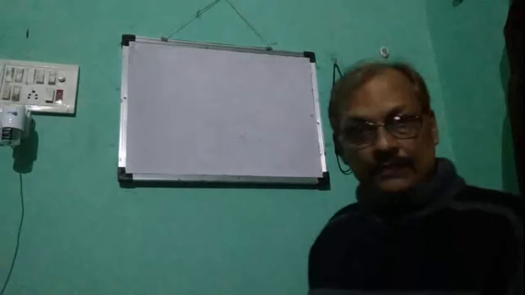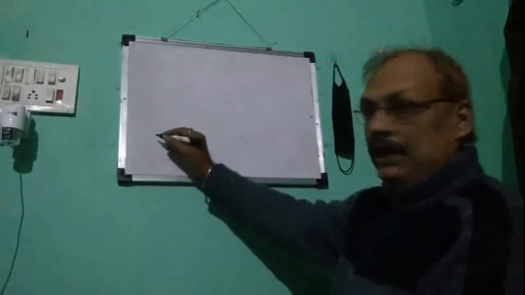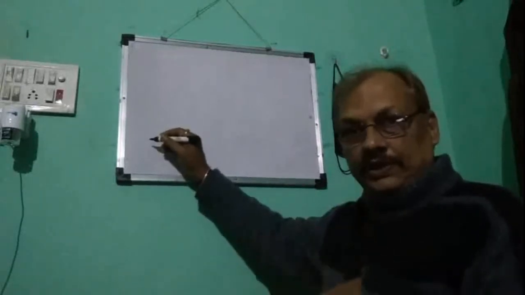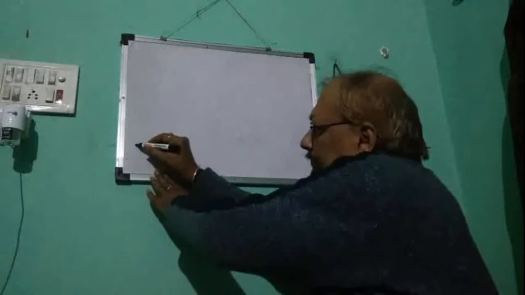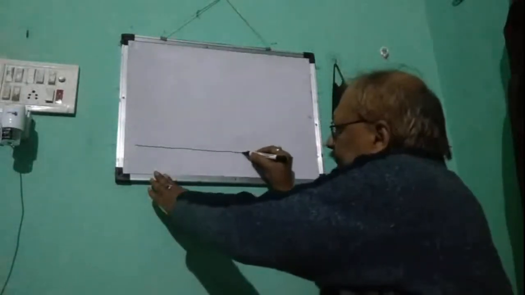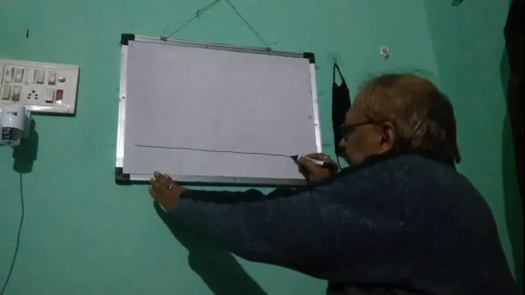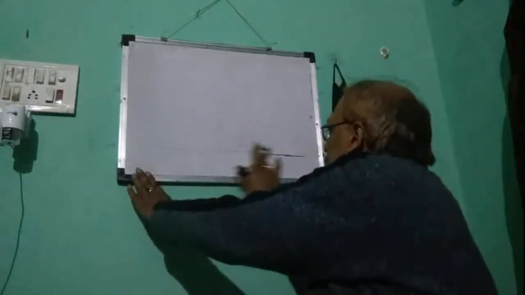So now I am making the cycloid, and I will tell you how to draw it. First I will make a straight line. This is a straight line, and sorry, it is somewhat tilted.